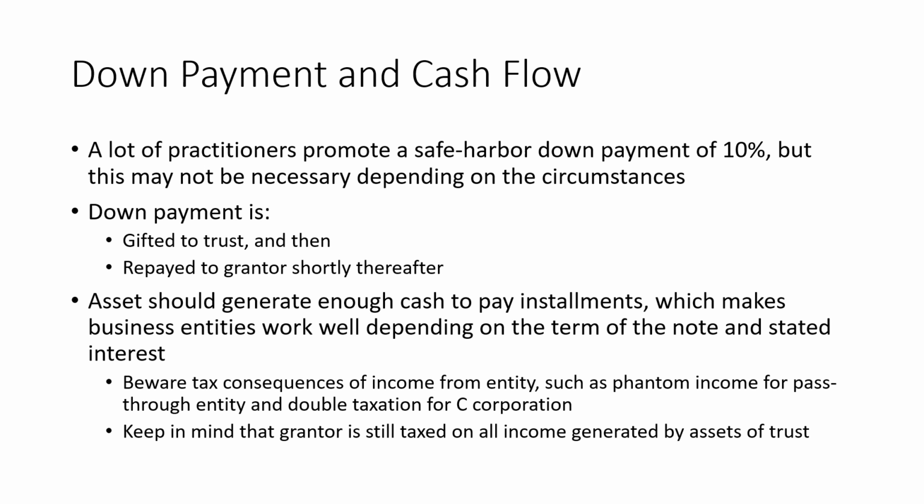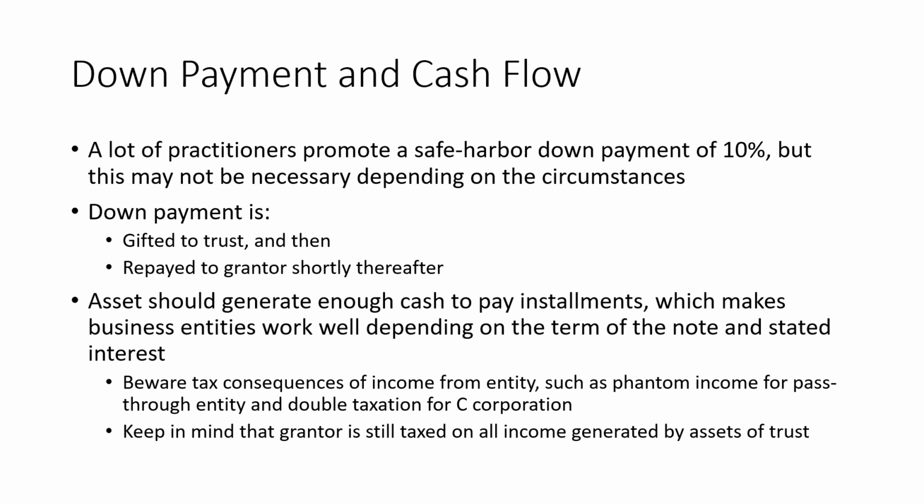It doesn't have to be 10%. It could be less or more depending on the circumstances. So the down payment is gifted to the trust and then repaid to the grantor shortly thereafter with a promissory note. And then the asset should generate ideally enough cash to pay the installments over time so that the note is enforceable. That makes business entities work well, depending on the term of the note and stated interest.